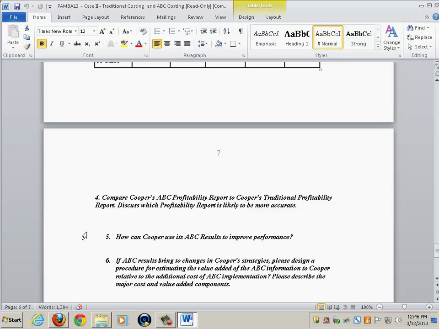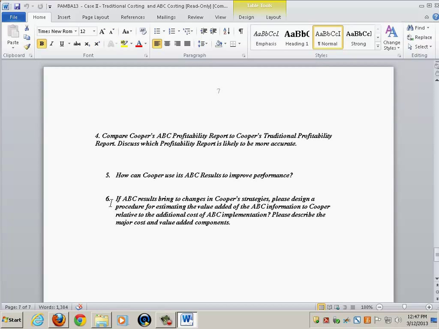That's requirement 4. Now, in requirement 5, you're asked: if you really think that the ABC results improve performance, how can Cooper use those results to improve its performance in terms of its product mix policies and other policies relating to the production and marketing of those pens? So that's requirement 5.